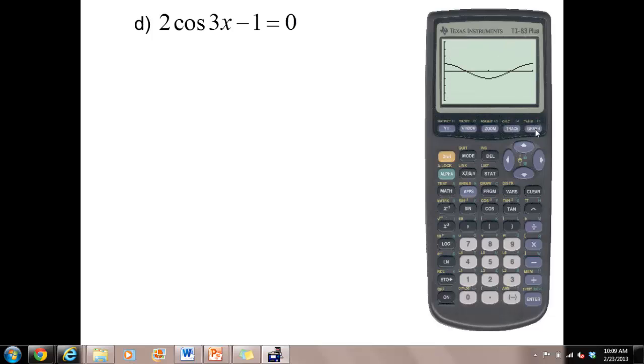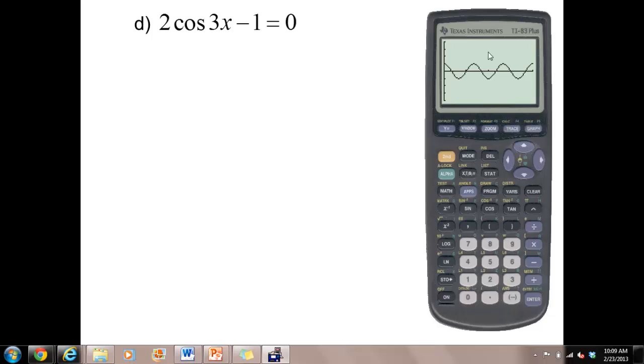Now, consider the basic cosine function. If I were to graph the basic cosine function over the interval from 0 to 2 pi, I get exactly 2 intersections of the x-axis. In other words, over the interval 0 to 2 pi, over the entire unit circle, I have 2 solutions. Now, if I change that to, say, a triple angle, look what it does to the graph.